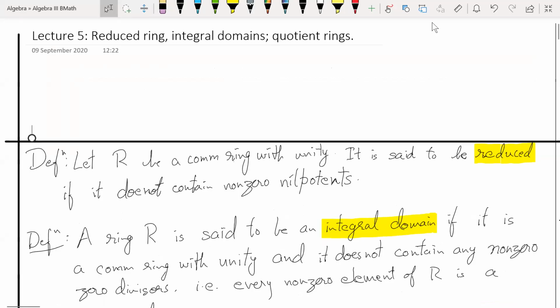Okay, so last time we talked about group rings and about nilpotents and zero divisors in a commutative ring. So let me just recall.